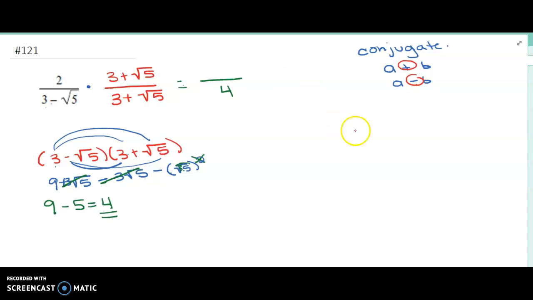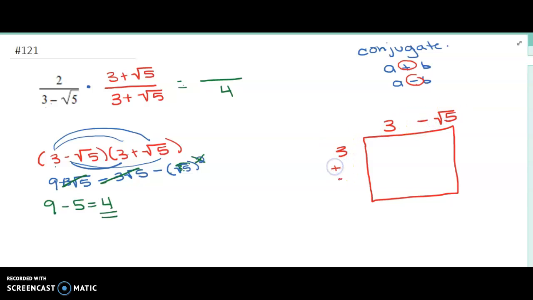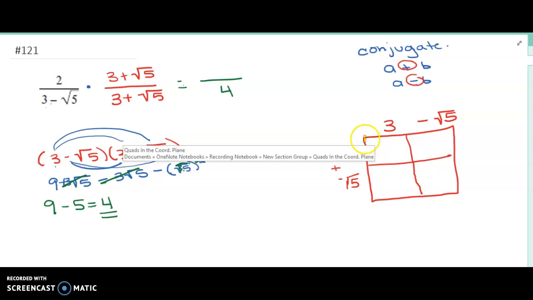I'm going to use the box method of multiplication. So think of when you learned about area models. So this is 3 minus square root of 5 times 3 plus square root of 5. And I'm going to separate this into fours. Now I'm going to do like area models. So if I look at this box here, notice it's a 3 by 3. So the area of this would be 9.